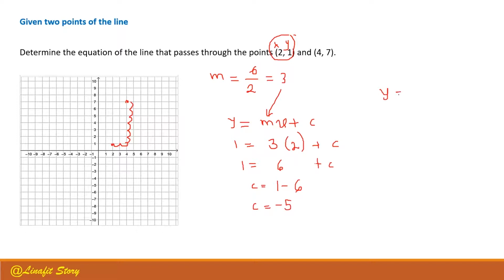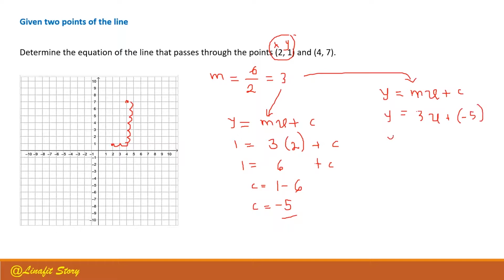y is equal to mx plus c. The gradient is 3, so 3x plus c is -5. 3x plus -5.